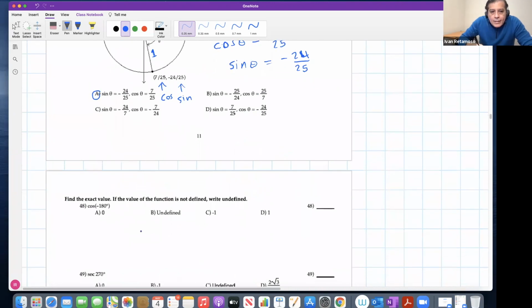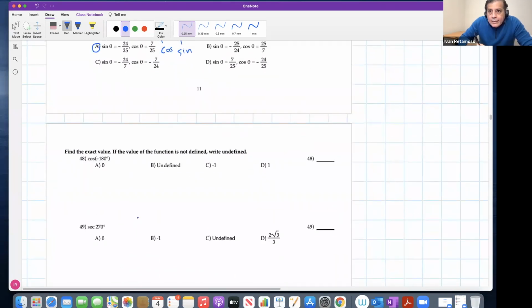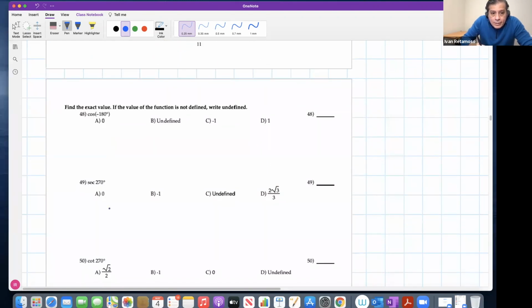Excellent. Now, another question here, 48 says, compute cosine of negative 180. For this, you can use the unit circle, right? Maybe I can do just this one. Negative 180 is here, right? In the unit circle, I'm going clockwise 180, and then you just look at the coordinates, right?